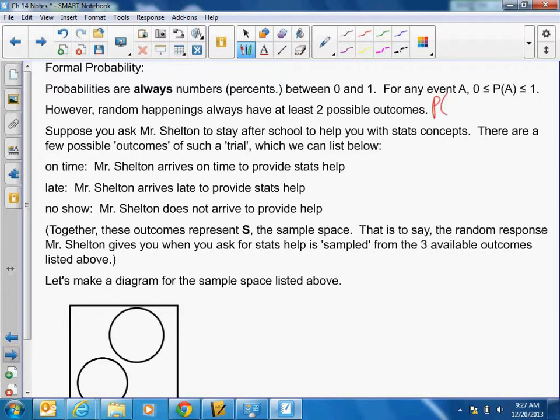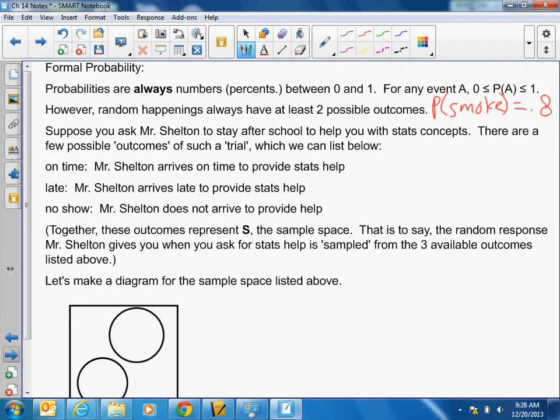So the probability that you smoke after taking a test might be equal to 0.8. That means you've got an 80% chance of randomly smoking after taking a test. Obviously that's a little bit silly because it's not truly a random event. Your willpower, your decision making comes into play there.